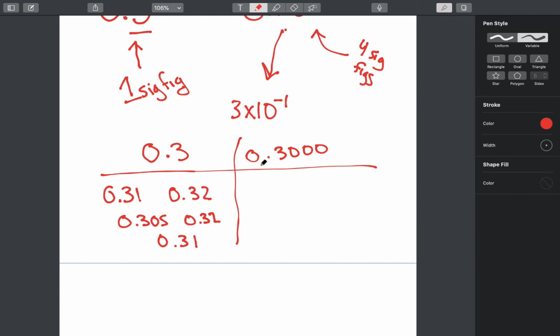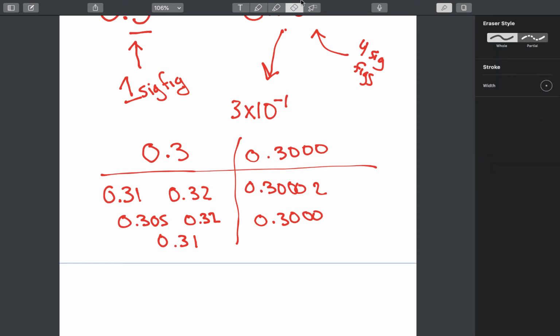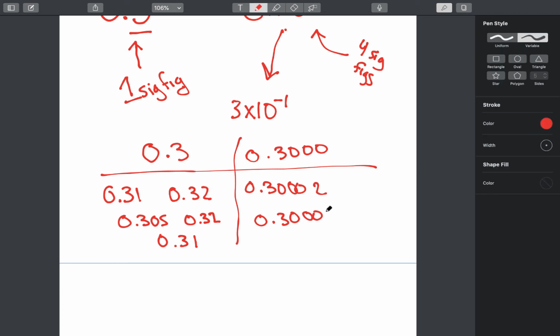However, if our instrument gives us this value, let's just say the different measurements for the same thing could be this. Sorry about that, I wrote a little too fast there.